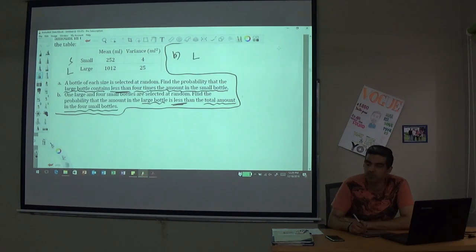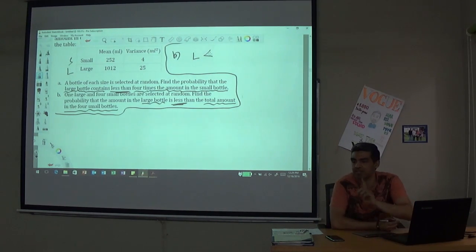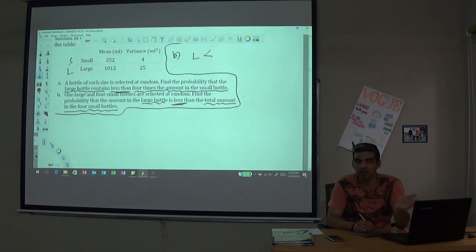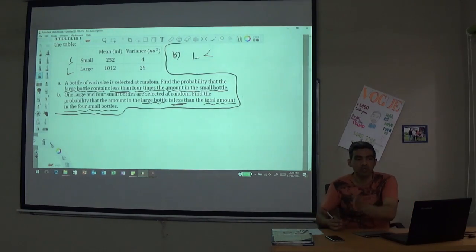So the amount in the large bottle is less than S1 plus S2 plus S3 plus S4. Last time it was 4 times the amount in the small bottle. This time it's one large bottle less than the sum of the amount of 4 small bottles.